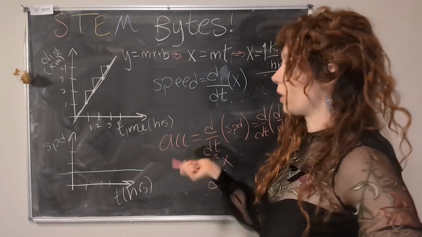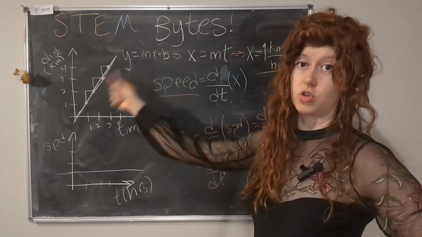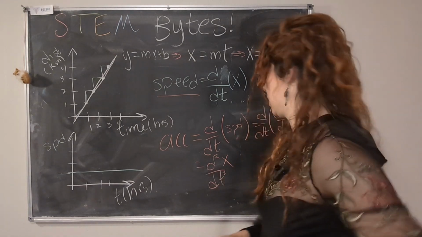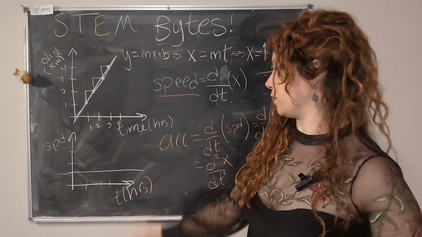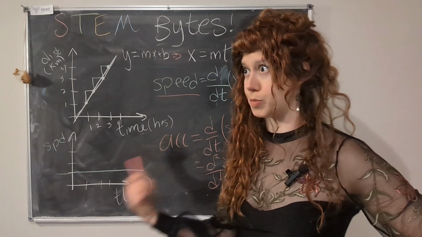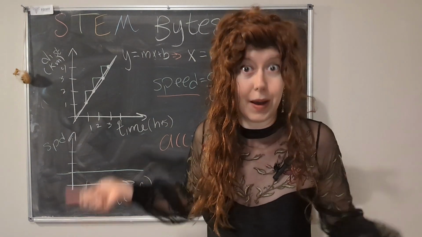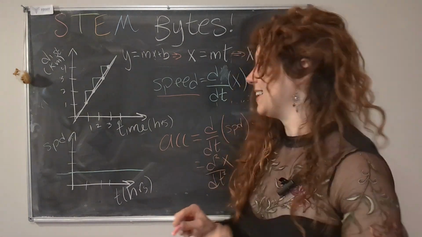In other words, it is the rate of change of our speed, and speed is the rate of change of our distance. Super cool. So in this case, we can look at our straight line and say, wait a second, we're not accelerating at all because our speed is constant. It's not changing. Boom. Yes, exactly right.